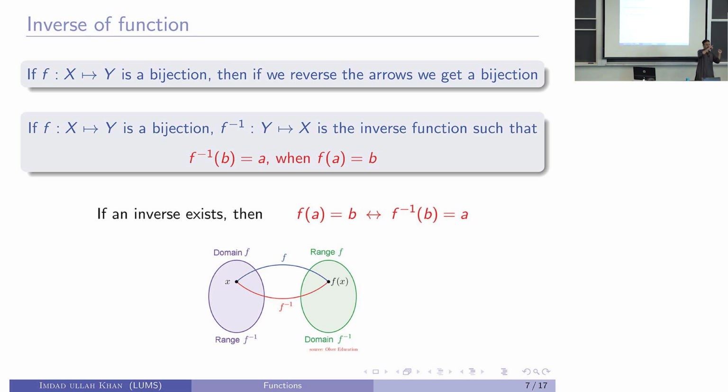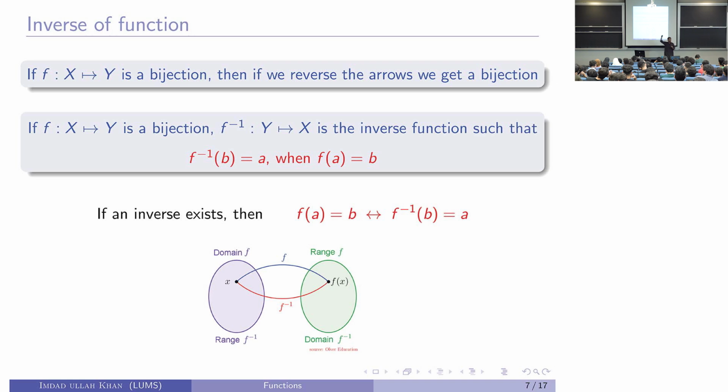If f maps a to b, then f inverse maps b to a, the same b to the same a. I use a and b because I didn't want to confuse them with X and Y. Whenever f of a is b, then f inverse of b is a. Now this is the formal way of saying reversing the arrows, right? If f says there is an arrow from element a to element b, f inverse is the arrow from b to a. Is this clear?